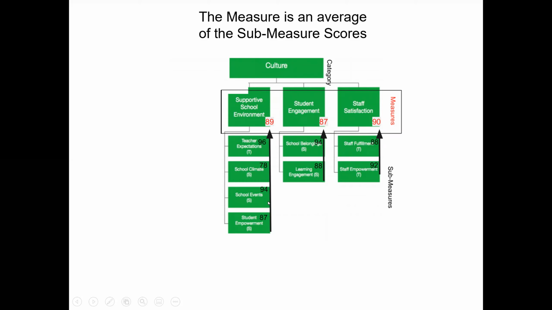When these four submeasures are averaged, that leads to the overall measure score of 89. And then if we were to average the three overall measures, we get the overall culture score. So everything is a progression of averaging scores from individual question results to submeasures to measures, and ultimately to the category and overall Leader in Me MRA result.